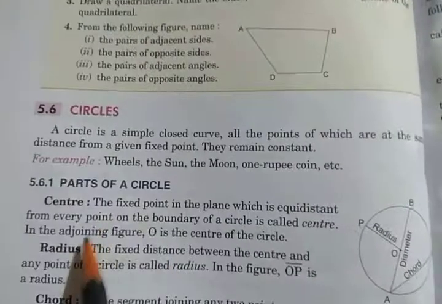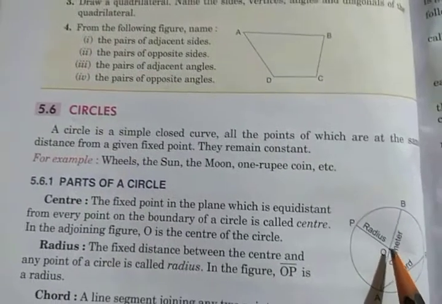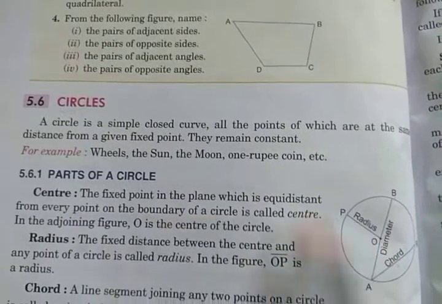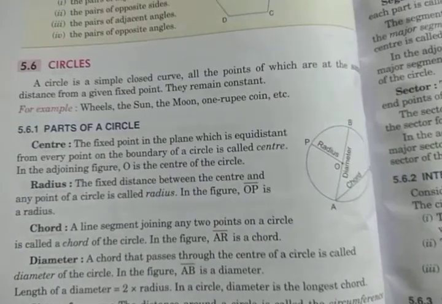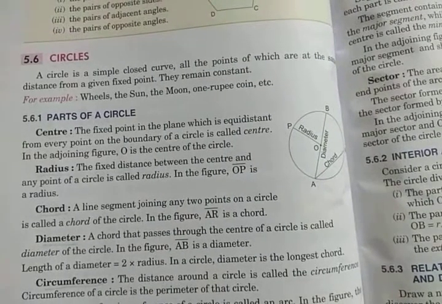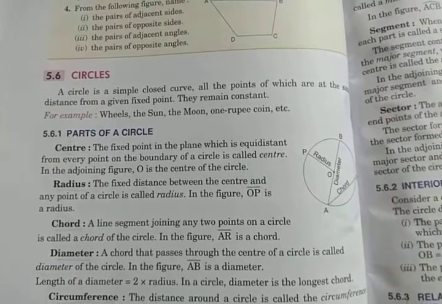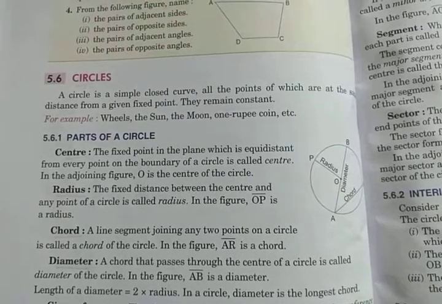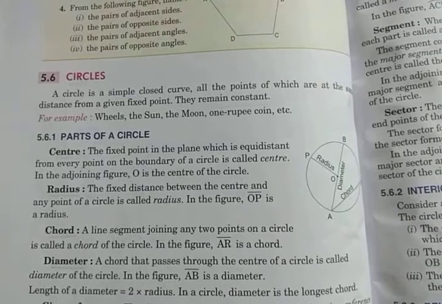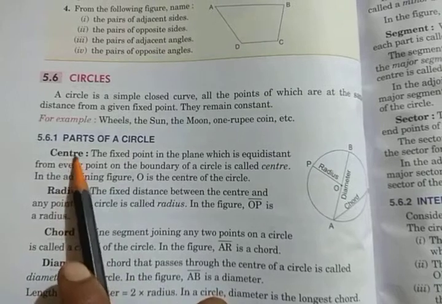Okay, so there are different parts of a circle, like center, radius, chord, diameter, circumference, arc, secant, semicircle, major and minor arcs, segment, sector, etc. So let's study them one by one.